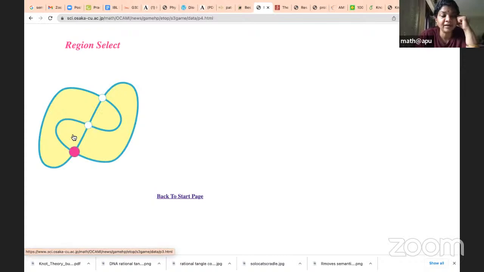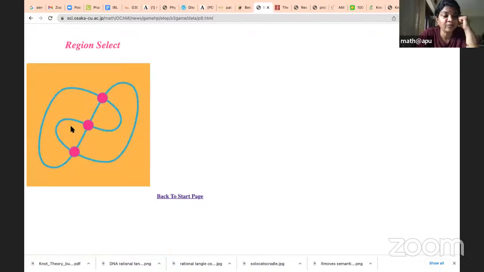I pressed here, the color changed. If I press on the outside, oh, it doesn't allow. The object of this game is to have all the crossings the same color. Here we got all three crossings with the same color.